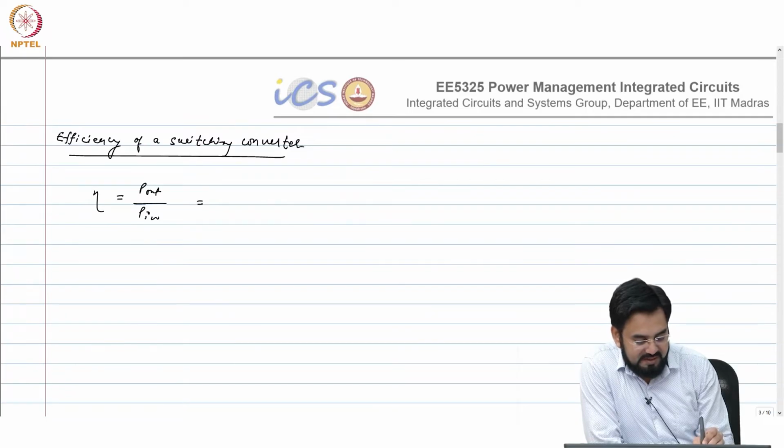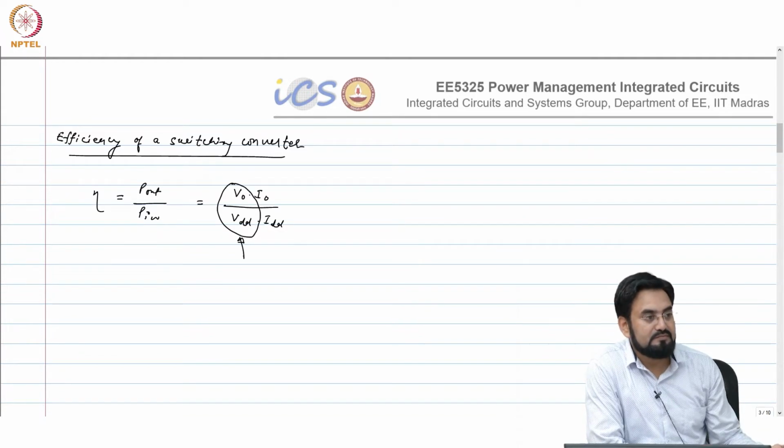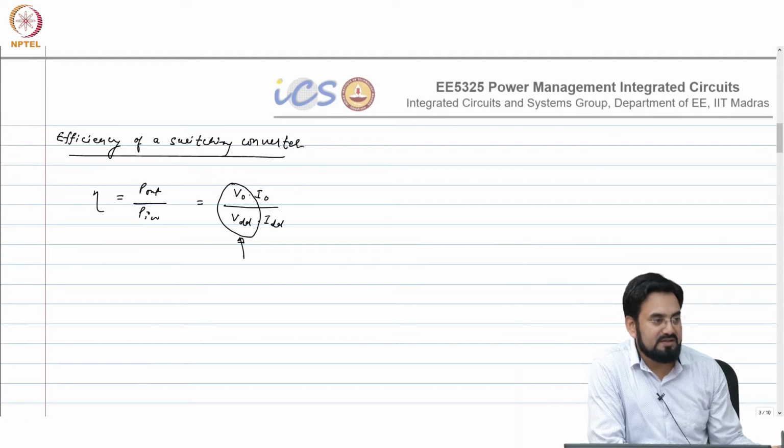So, this can be written as V out times I out over VDD times IDD. So, what is this? D lossless.